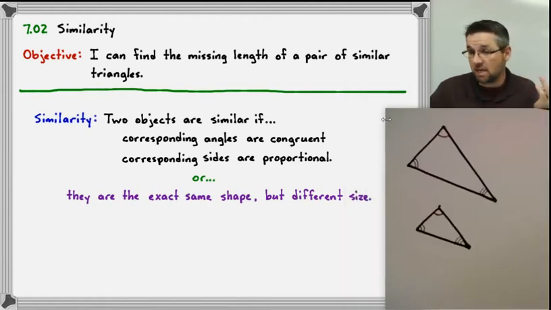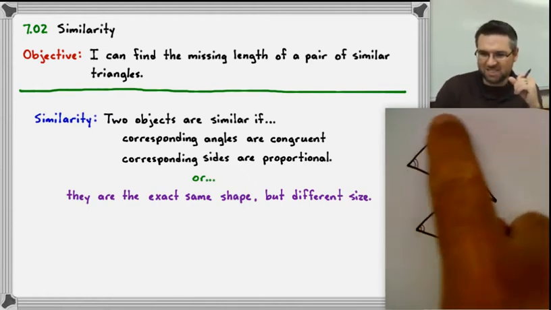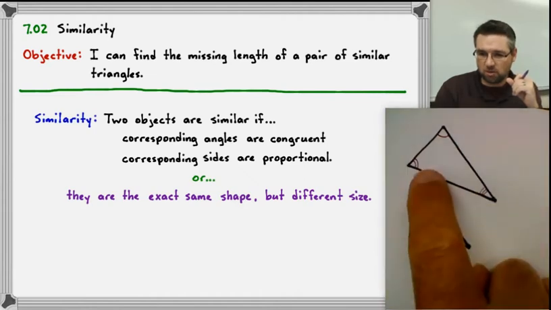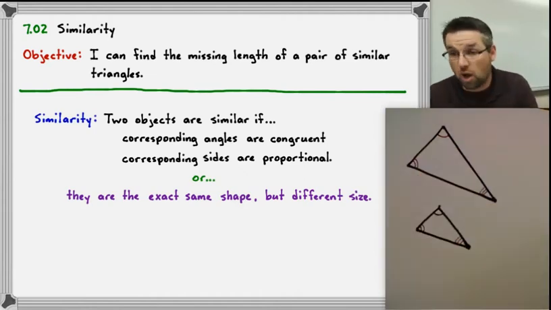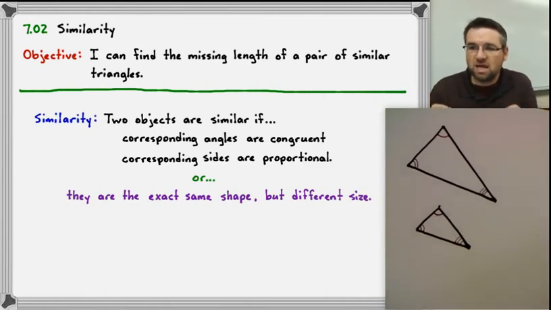Now they could be the same shape and the same size, and they'd be similar. They'd also be congruent. But basically, similar shapes are two objects that are the same exact shape, but different size. That doesn't mean any two triangles will work. It means that the two triangles must look exactly the same.